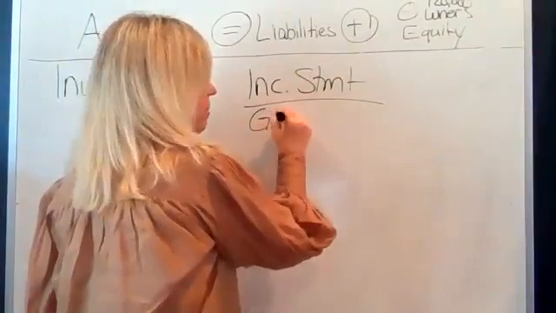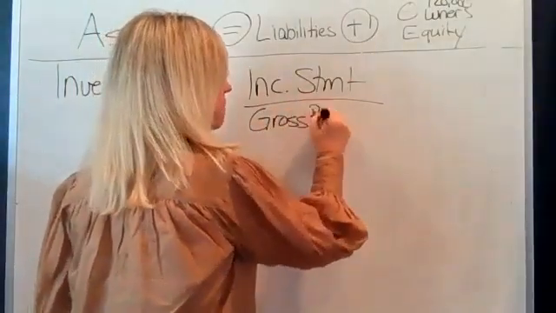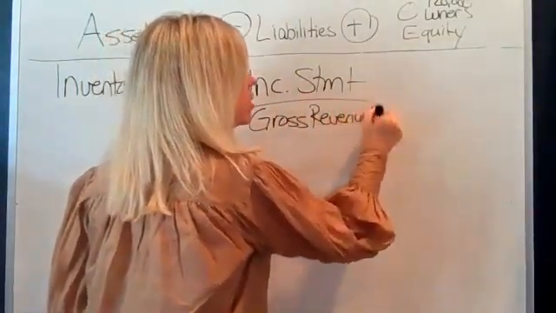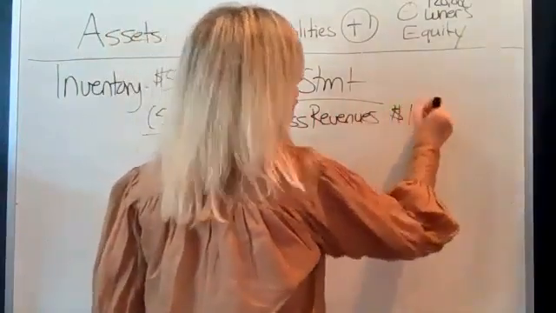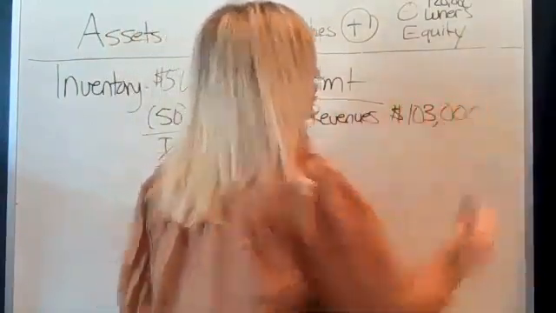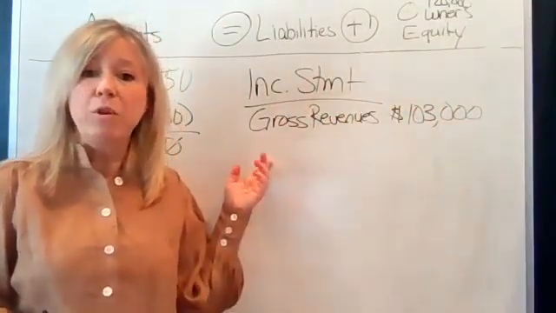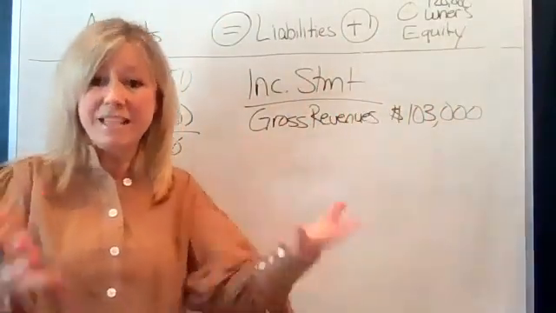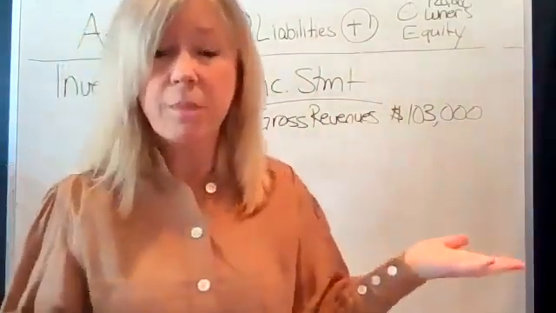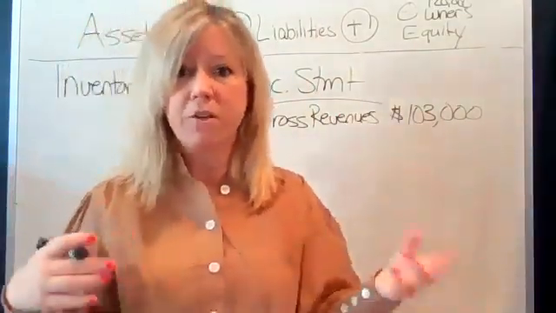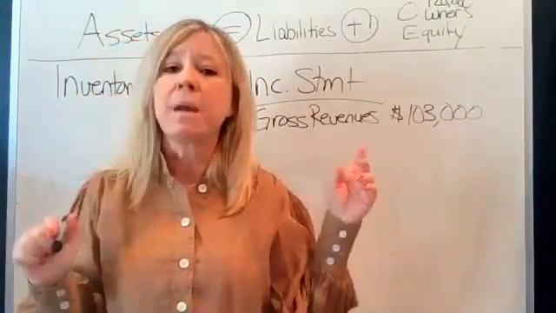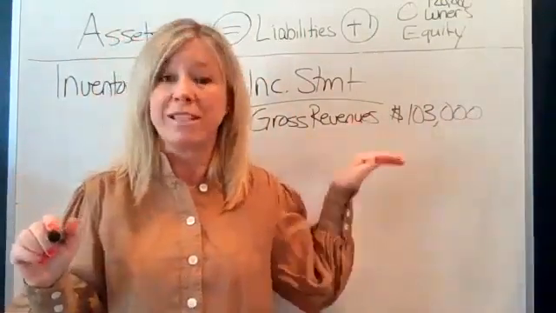So I'm going to start out, and I'm just going to be making up numbers, but I'm going to start out with gross revenues. Say this company had $103,000 worth of gross revenues. Well, remember in chapter 5, you learned that sometimes companies take returns. Have you ever returned something you bought at Target or Walmart or Dillard's? Yeah, probably. So sometimes companies take returns or offer discounts.